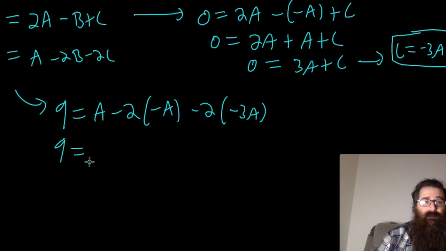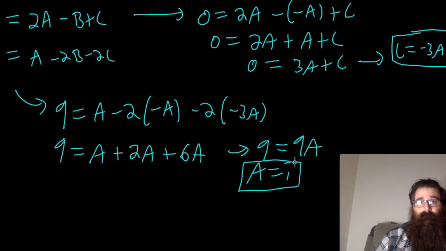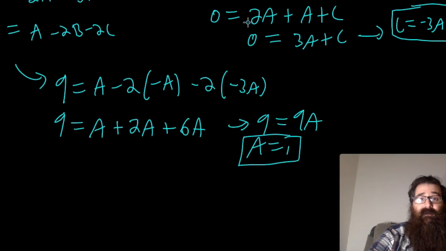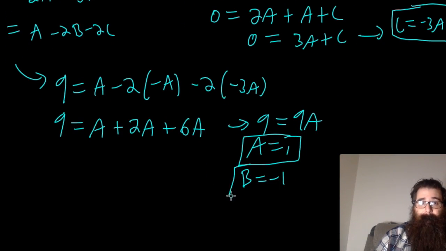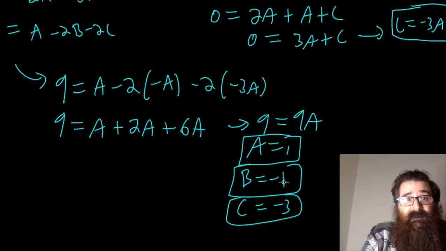Well, I have 9 is equal to a plus 2a plus 6a, which means that 9 is equal to 9a. So then a must be 1. Well, if a is 1, then b should be negative 1. And c should be negative 3. So I in fact know a is 1, b is negative 1, c is negative 3.